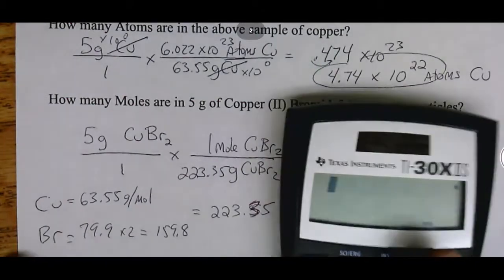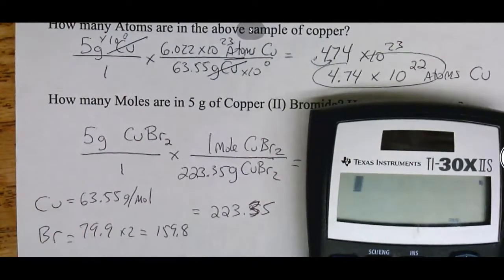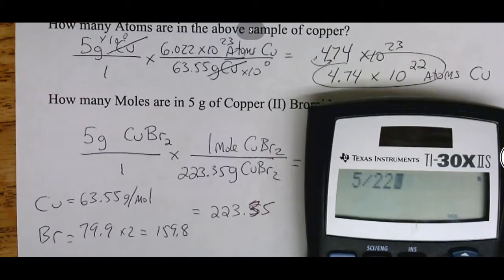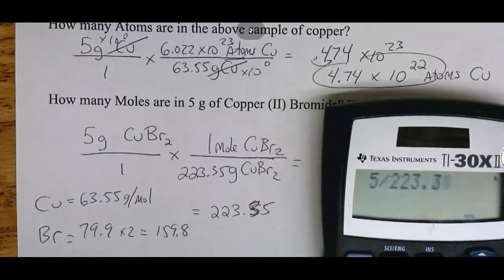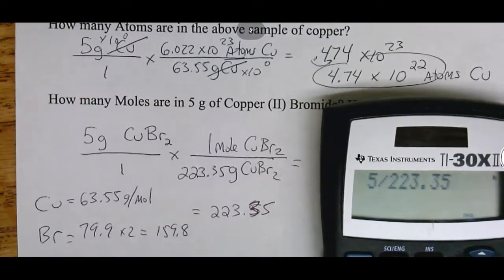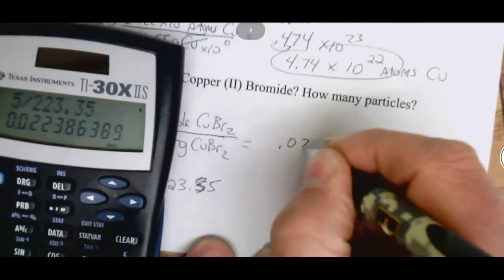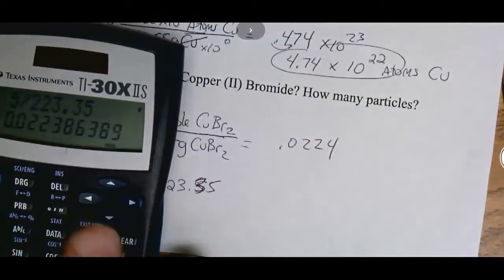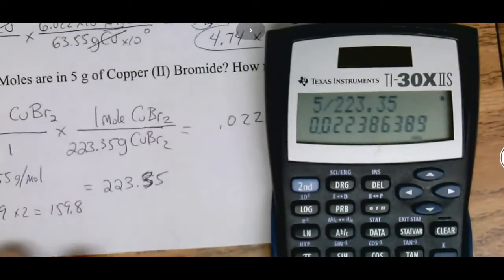So we would just take 5 divided by 223.35. It's going to be really small. It's going to give us 0.022. It's actually not that bad. 24 we're going to go with. We're going to double check our math on that one.